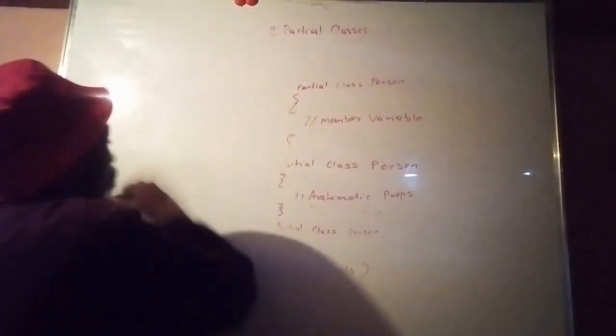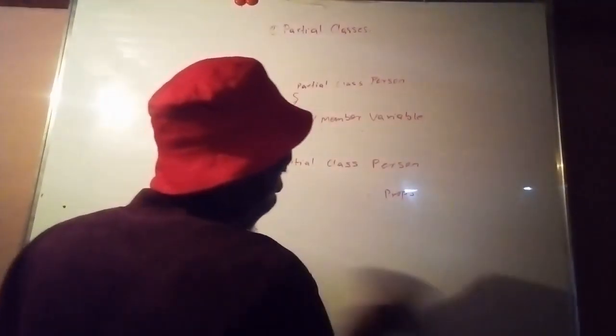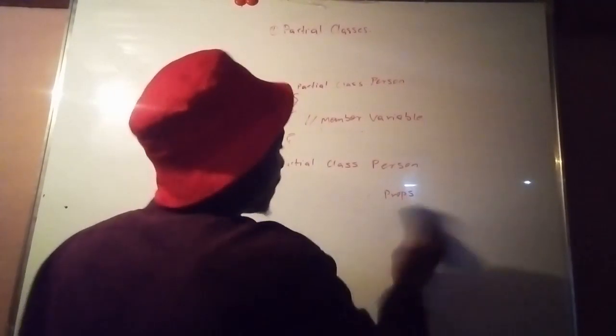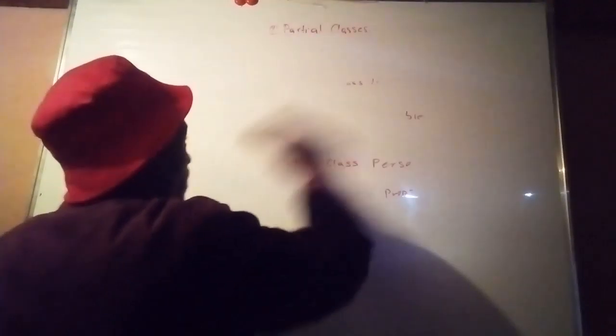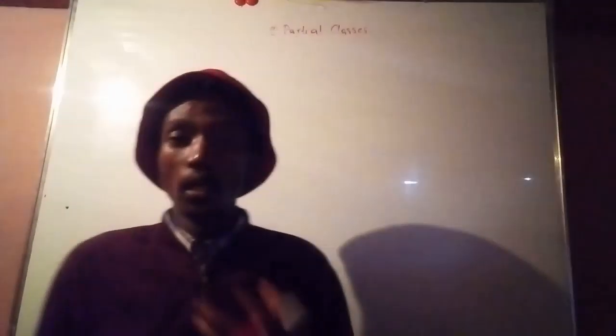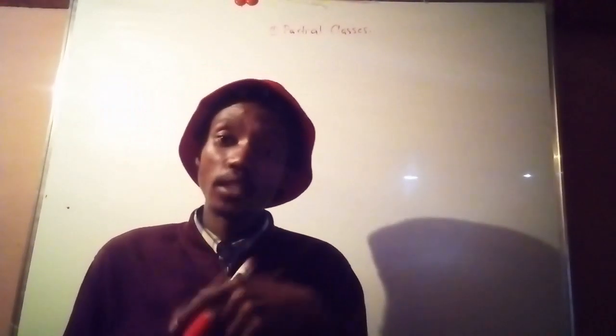Cool. So the next thing to look at is the concept of abstract classes. We have actually touched a bit on abstract classes, though we did not directly say that we are talking about abstract classes, because we did talk about abstract members.